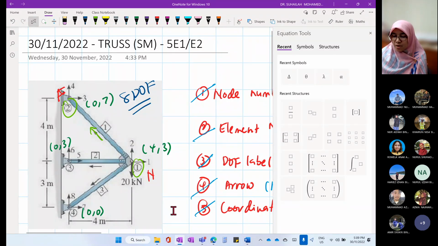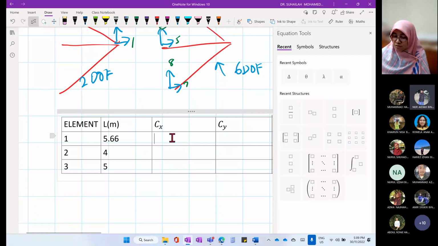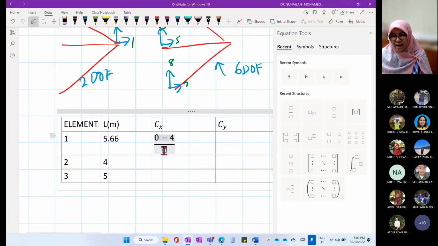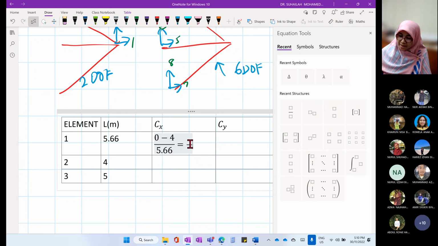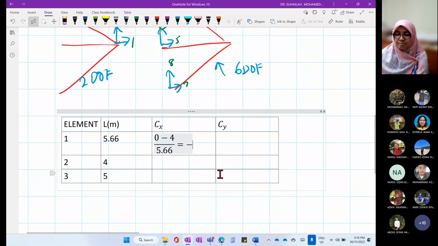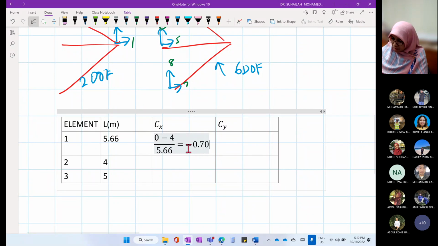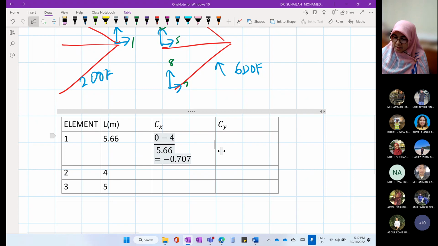And the x coordinate for node number 1? 4. So it is 0 minus 4, divided by L. Please calculate 0 minus 4 divided by 5.66. We get negative 0.707, right?